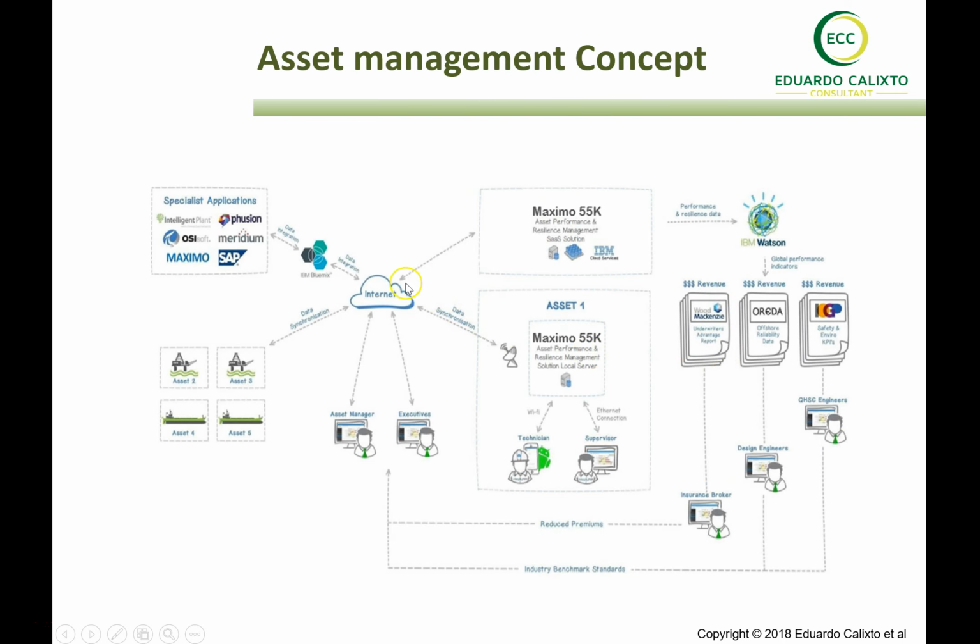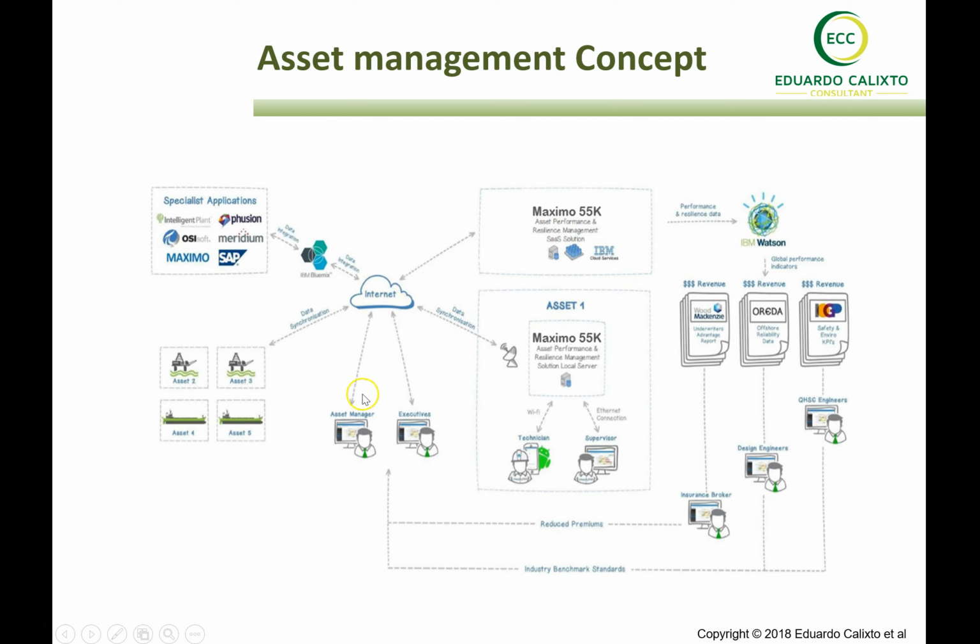So the asset management is a system that is in here, and it is available for different groups, such as technicians and supervisors. When they start to make any kind of failure report or schedule some maintenance, this information goes to the asset management platform such as Integrity Pro.